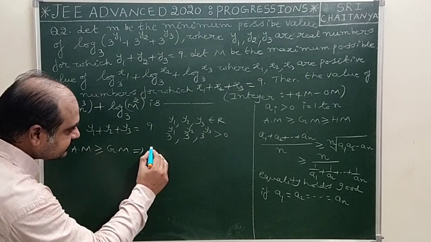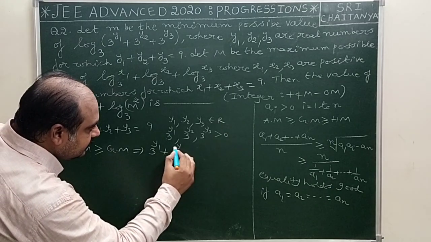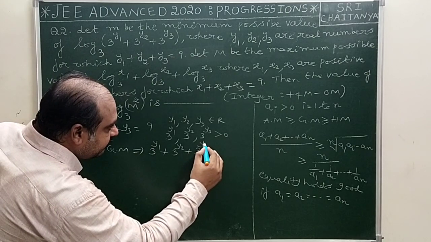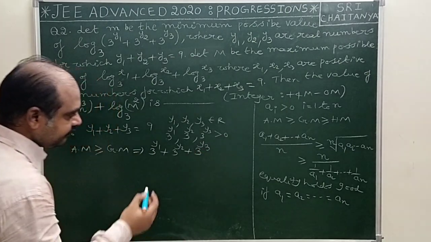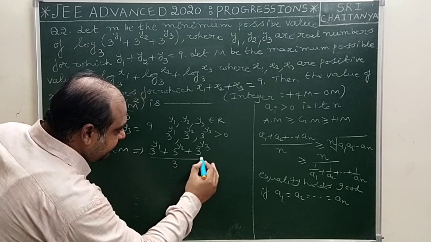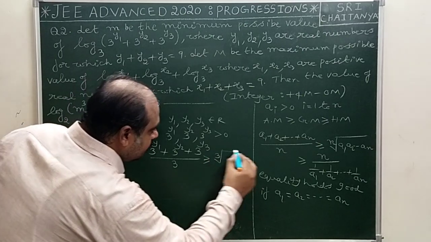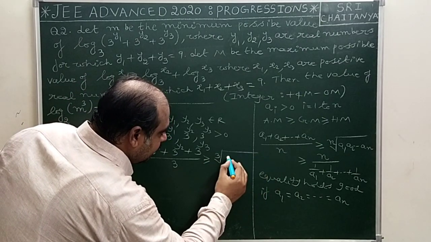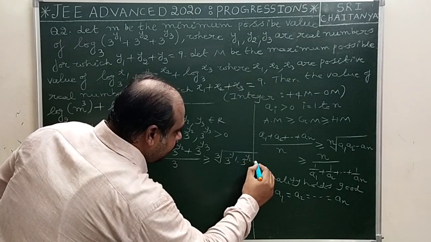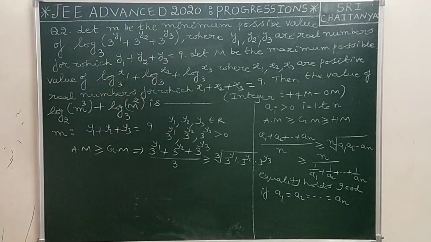So that implies (3 power y1 plus 3 power y2 plus 3 power y3) divided by 3 is greater than or equal to the cube root of 3 power y1 into 3 power y2 into 3 power y3.